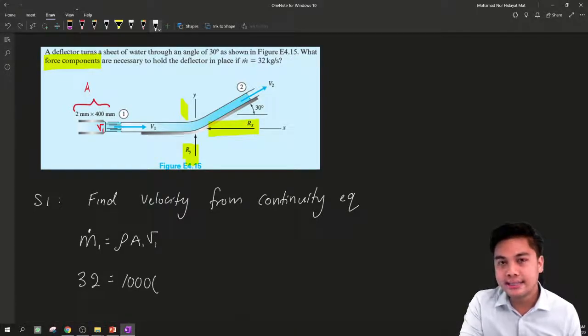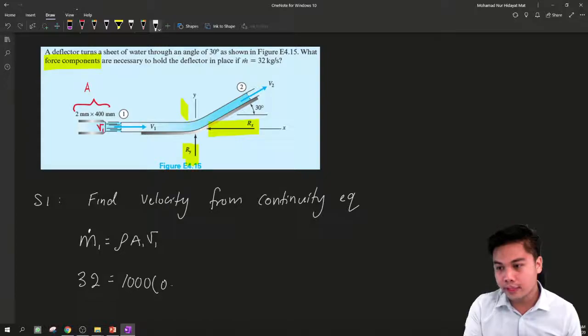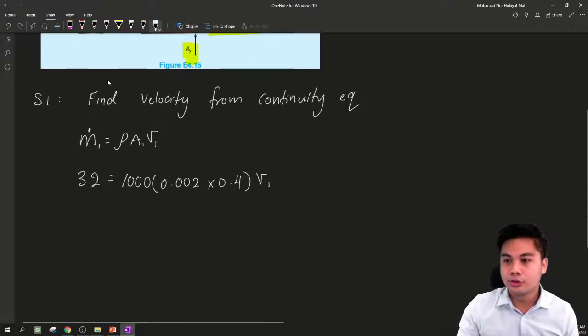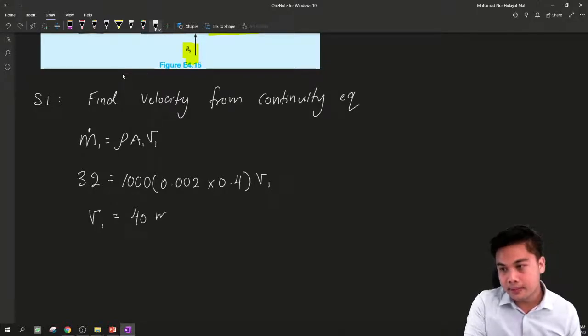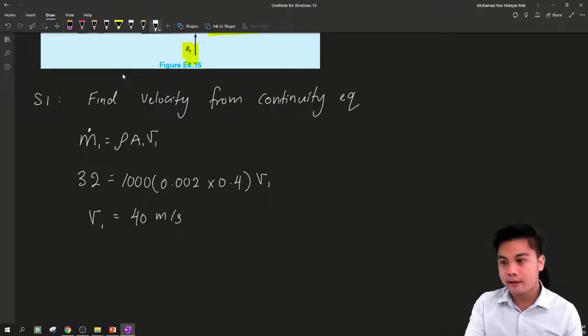You notice that this is in millimeters. We need to convert to the SI unit, meters. So in this case, it is 0.002 multiplied by 0.4, multiplied by V1. Finally, the V1 you will get is 40 meters per second. V1 is the same as V2.